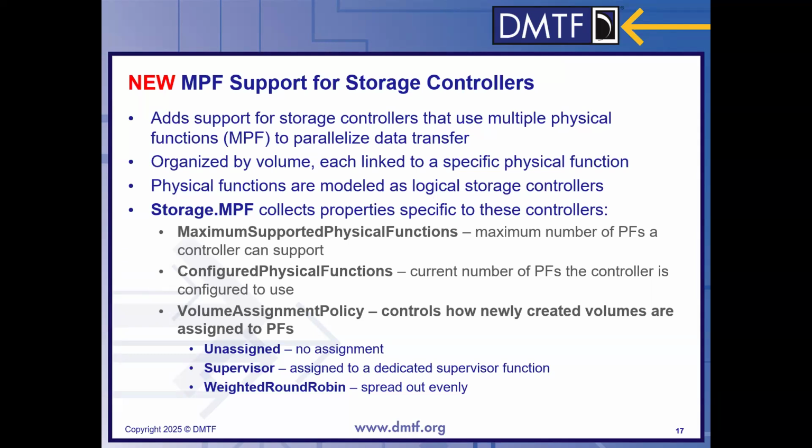That has three options currently. Unassigned means nothing happens. The volumes are just left alone. Second, there's a supervisor policy, which says that one of those physical functions, which happens to be designated as a dedicated supervisory function, the volumes are assigned to that, under the assumption that someone will then spread out the load later.